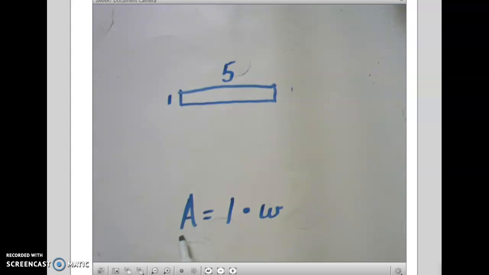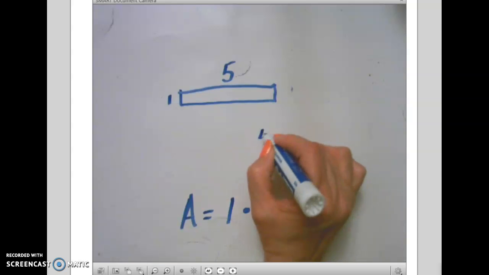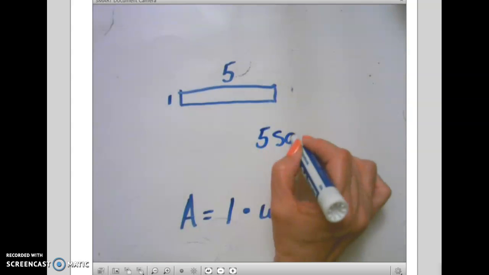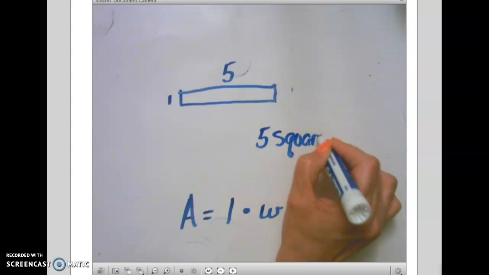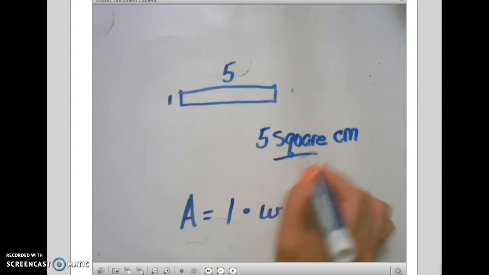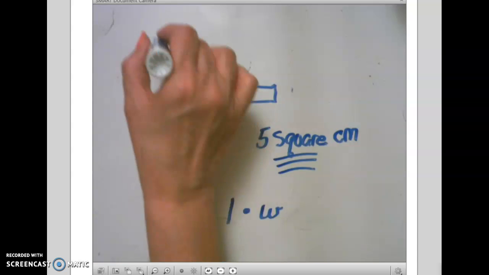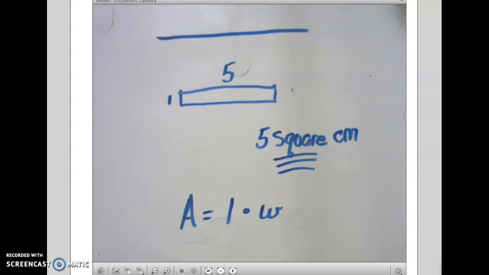Area is the length times the width. 5 times 1. 5 square centimeters. We always have to label it square centimeters because it's not just length. It's not just a line and I'm measuring a centimeter.